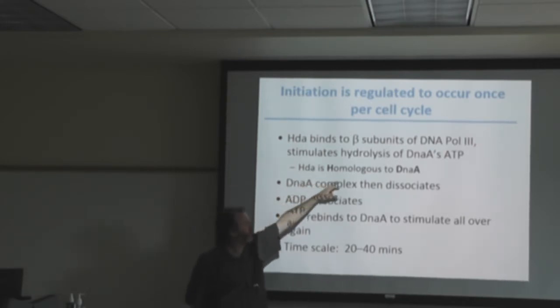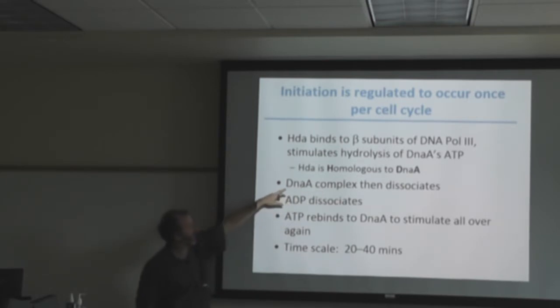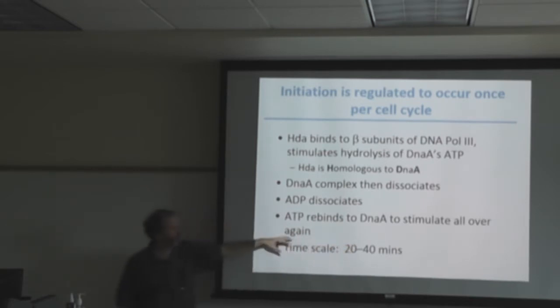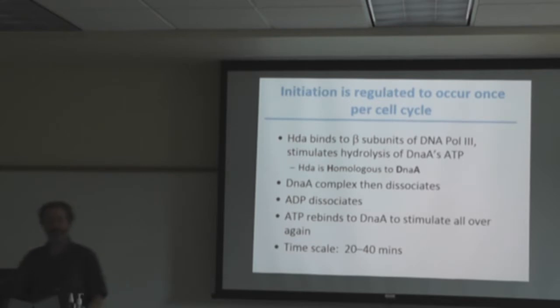HDA is known as homologous to DnaA, because it's similar to DnaA. DnaA complex then associates, ADP dissociates, ATP rebinds to DnaA to stimulate all over again, and the time scale is about 20 to 40 minutes in E. coli, which is about their generation time, right?